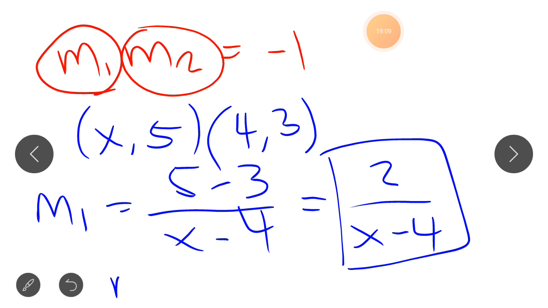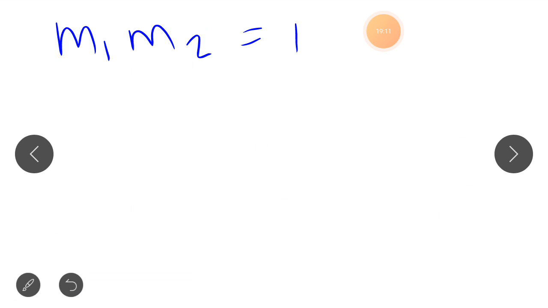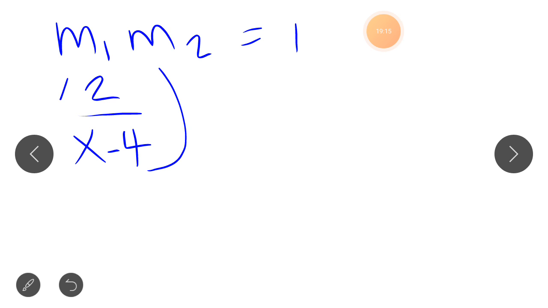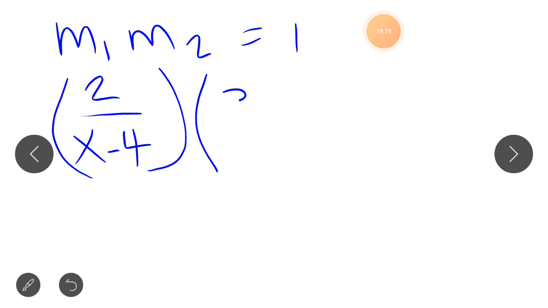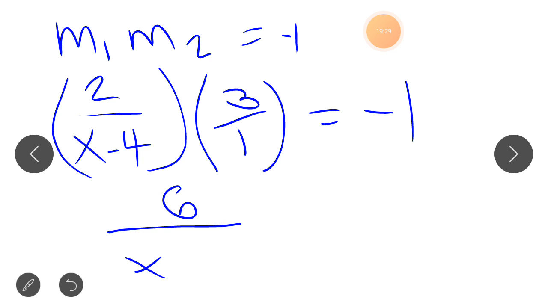Substitute m1 is 2 over x minus 4, multiplied by the slope of line 2, which is 3, equals negative 1. Let's put the denominator of 1. So 2 times 3 is 6 over x minus 4 equals negative 1.